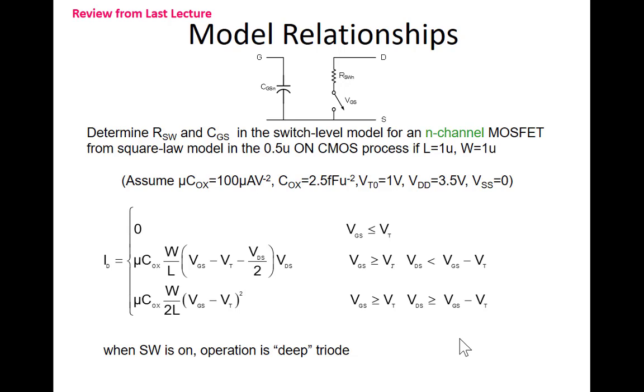So we have to go down to the triode region equation to look at what the resistance characteristics are. And deep triode corresponds to VDS being very small. So you can neglect the VDS term here.